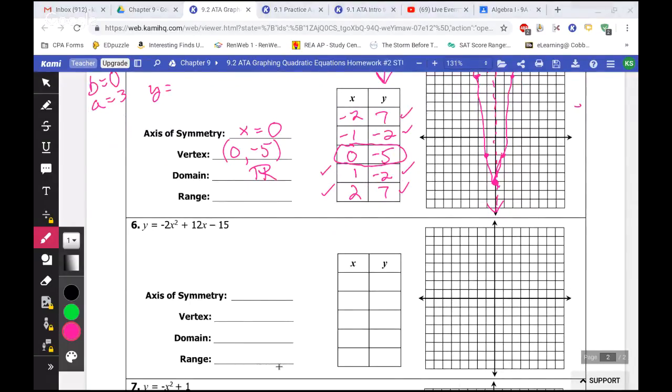I am, yes, ma'am. Okay. Anybody want to tell me which coordinate the range deals with, the X or the Y? Y. Good job. And when you have a smiley face parabola, is it going to be greater than or less than?